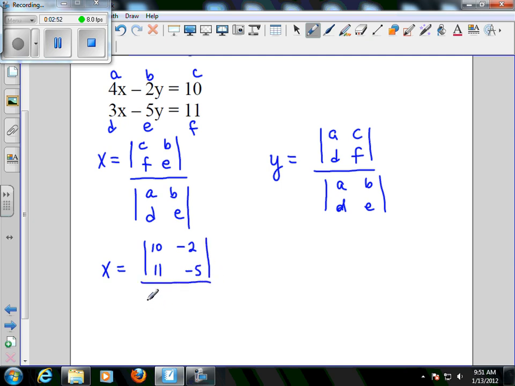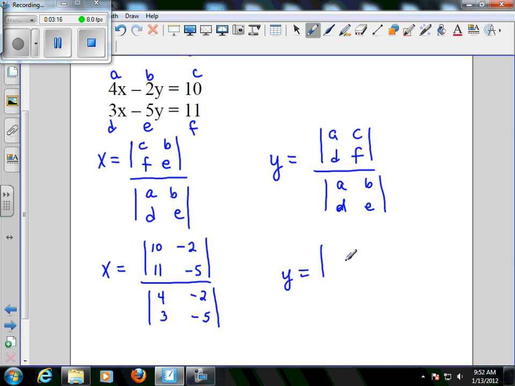Underneath, we are going to have 4 for A, 3 for D. We will have -2 for B, and -5 for E. Okay, we're going to do the same thing over here.